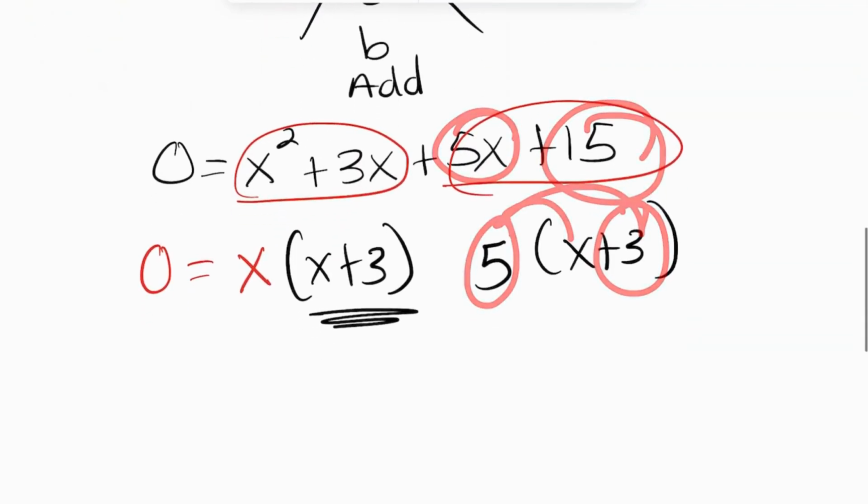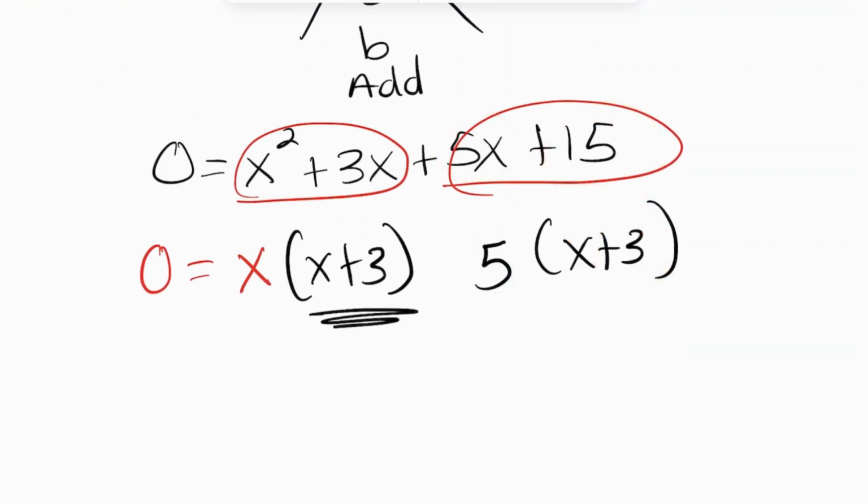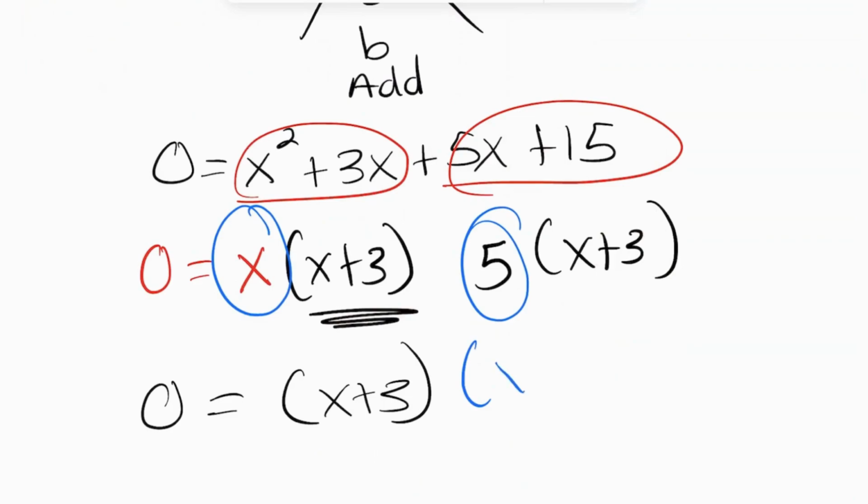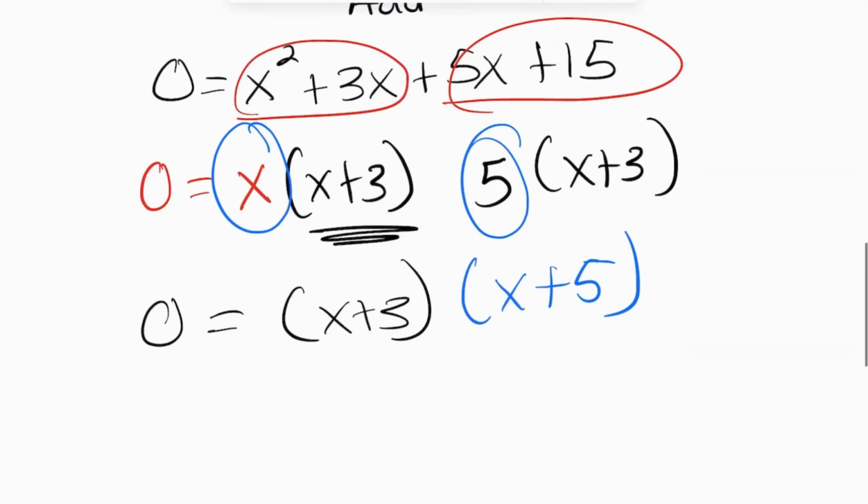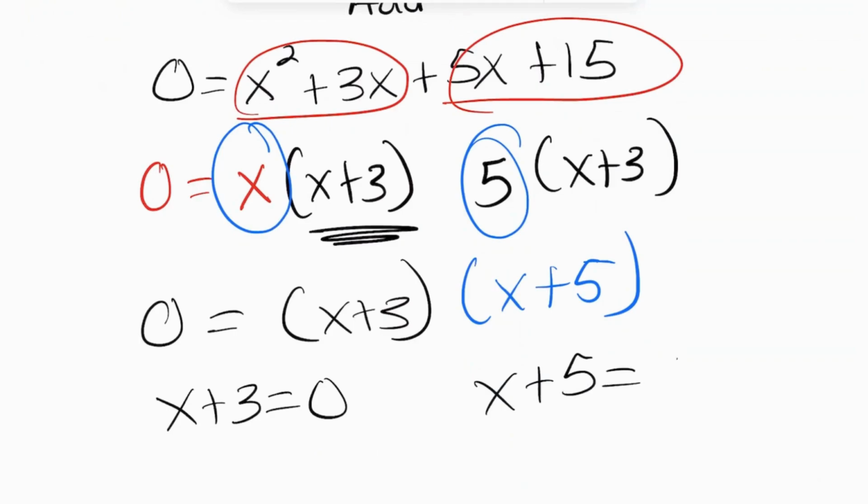We're going to factor one more time here. You can see that they both have an x plus 3. So I'm going to go ahead and factor out an x plus 3, and we are left with an x and a 5. So x plus 5. We're going to set each of them equal to 0. So x plus 3 is equal to 0, and x plus 5 is equal to 0.